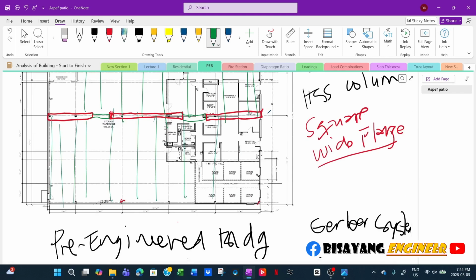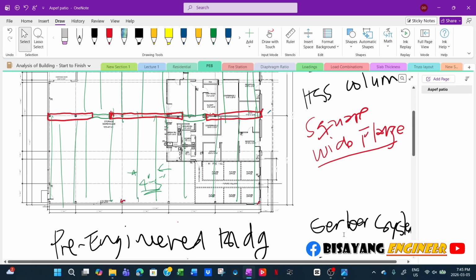So it will be framed with open web steel joists, and typically this is between 4 to 5 feet spacing. It depends on the load and the span, and sometimes if there is a limit on the joist depth, then it becomes either heavy duty open web steel joist, or we will make the spacing closer.